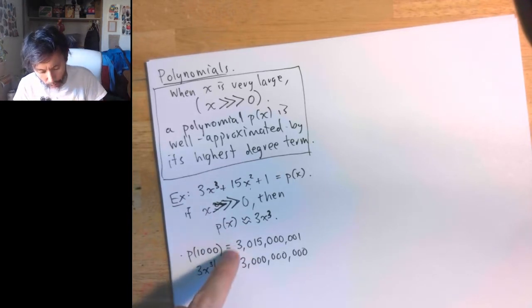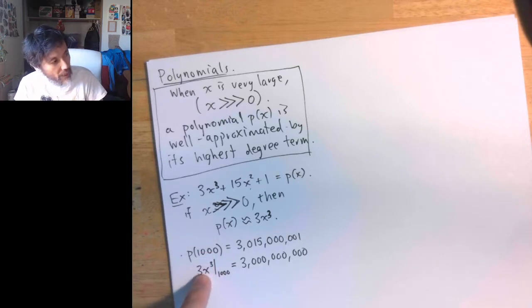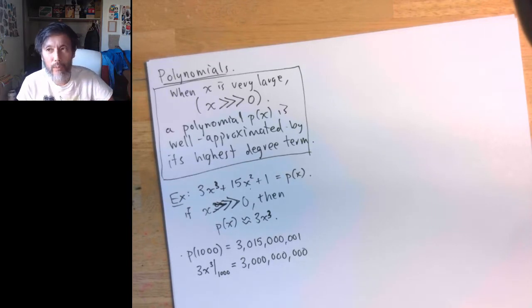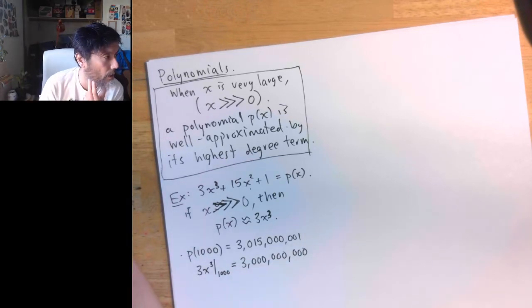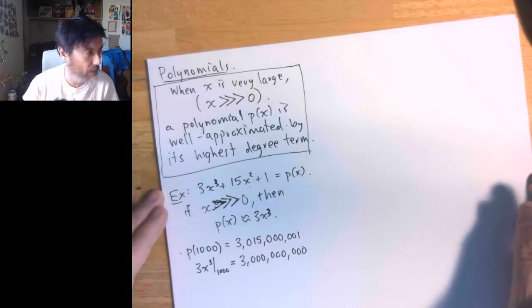The error between these two numbers is less than 1%. And as x gets larger and larger, the discrepancy percentage-wise between p of 1,000 and 3x cubed will only get smaller. That's true. I don't want to belabor this point too much now, but I'll have a table of values in the worksheet which really make this very apparent.